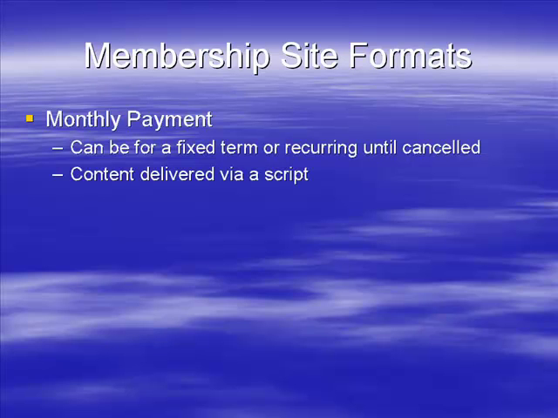The content typically will be delivered via some sort of script. It'll either be drip fed by the script or added manually by yourself every month or every period of time when they're expecting it. Monthly payment is good for things like a PLR or a resale rights membership. Those fit very nicely into the monthly payment model.